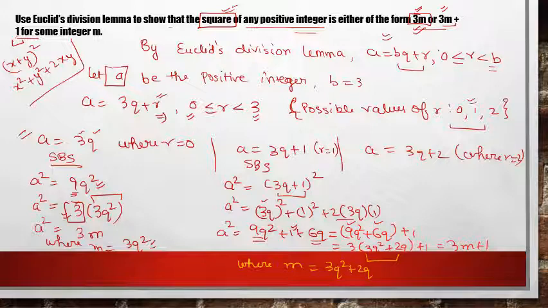Similarly, if you see here, you have the third condition as a is equal to 3q plus 2. Again squaring both sides, a square will be 3q plus 2 whole square. That means 9q square plus 2 square 4, then 2ab. Correct?